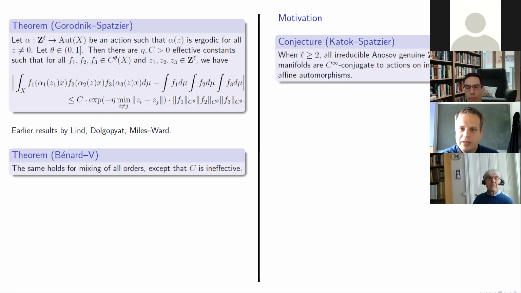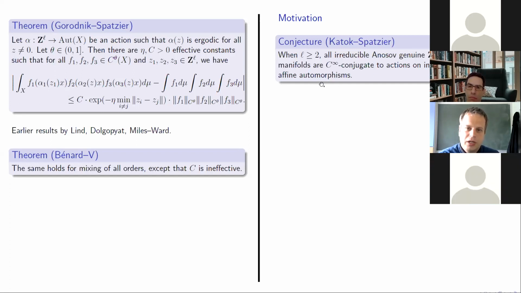Okay, so an infranil manifold is just a little bit more general than a nilmanifold. Basically, it's a manifold which has a finite cover by a nilmanifold. So that's not much of a difference. And what is an affine automorphism?